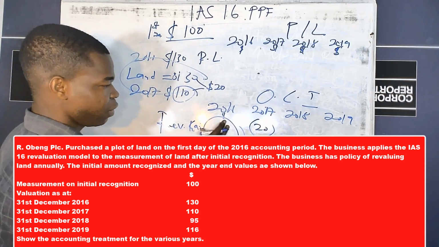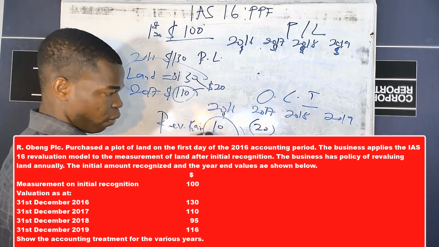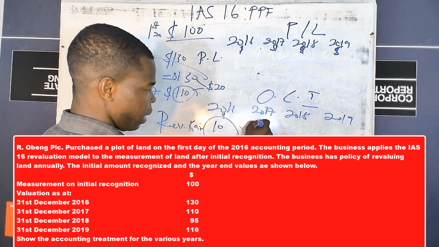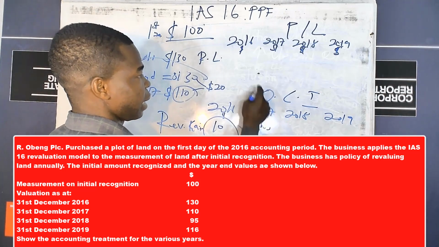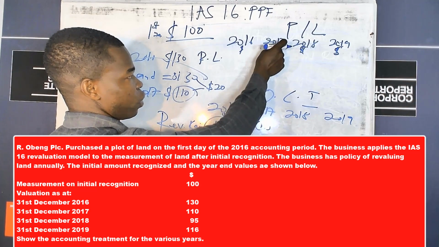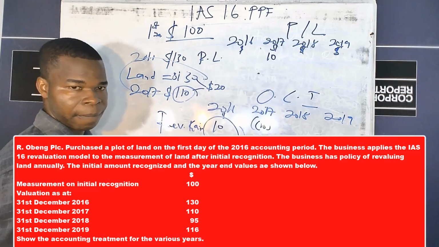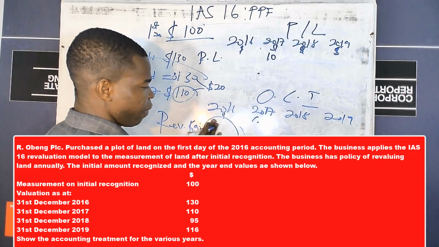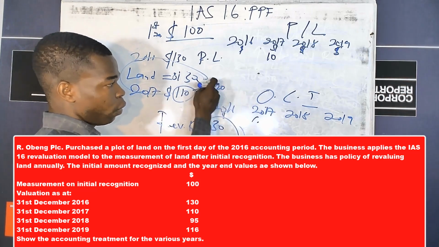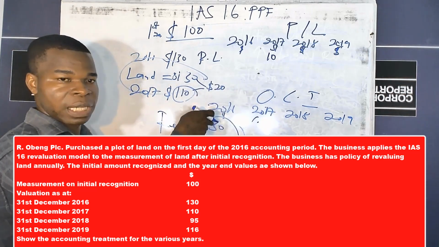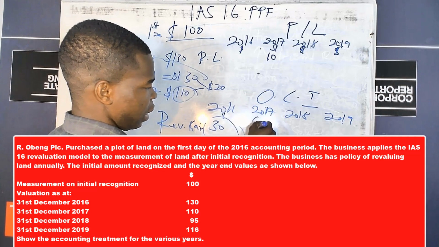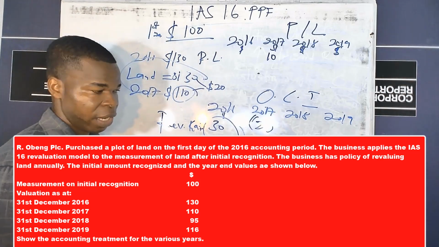And assuming that this revaluation gain was maybe 10 over here, then we can only debit this one with 10 and take the 10 of this one to the P&L so that we can have the 20. But in this case, all the revaluation loss can be catered for by the revaluation gain. So here it will be in bracket 20 so that you can see the effect here.